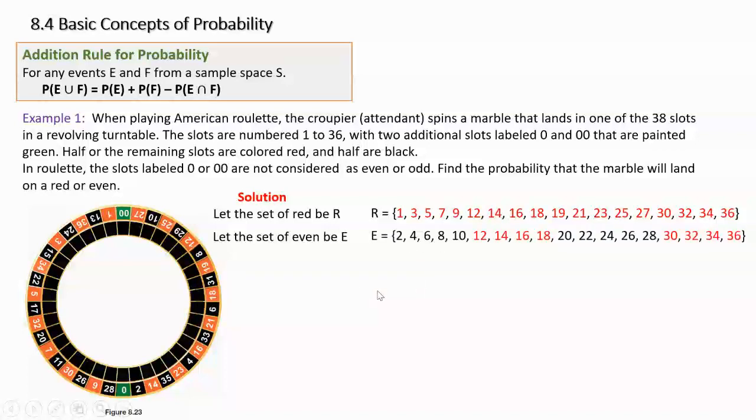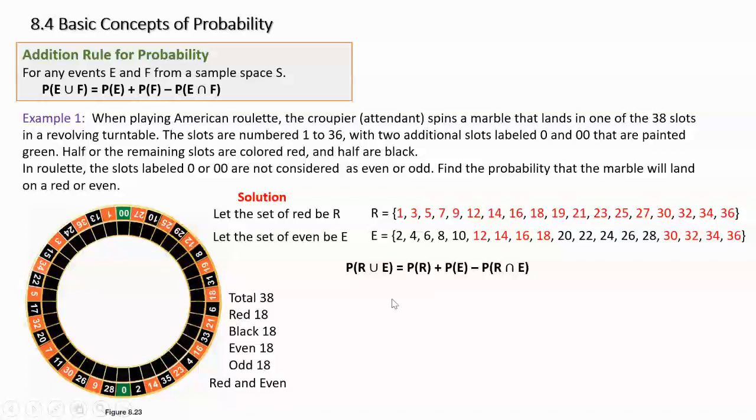Okay, now let's use the formula. The probability of red or even, that's what we're looking for, is equal to the number of red, which is 18. The even are also 18. And the red and even, for the intersect, is 1, 2, 3, 4, 5, 6, 7, 8. That's where the numbers come from.